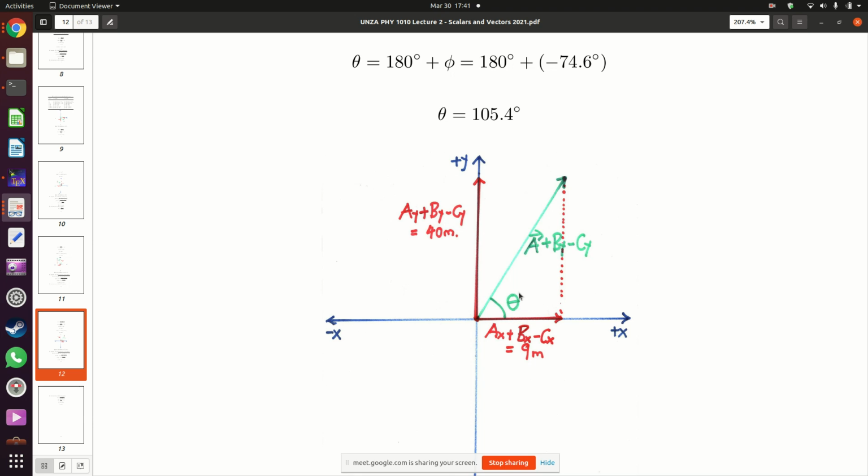Yes, that's clear. So, when your vector is in the first quadrant, you can work out phi, but phi is going to be measured from here. You're going to measure phi from here. And this direction here, this is 0 degrees. So 0 degrees plus phi is going to give you theta. Is that clear?